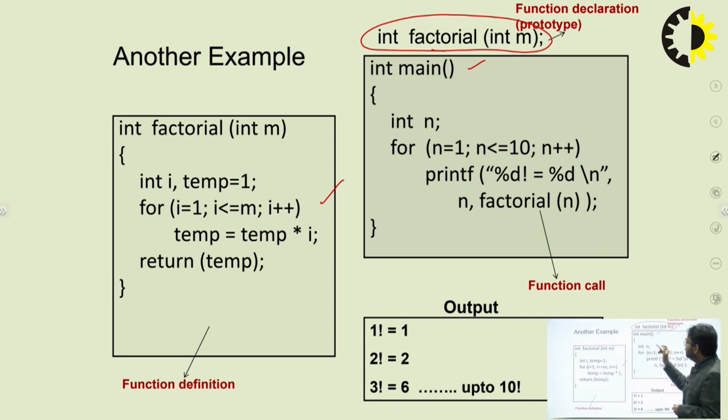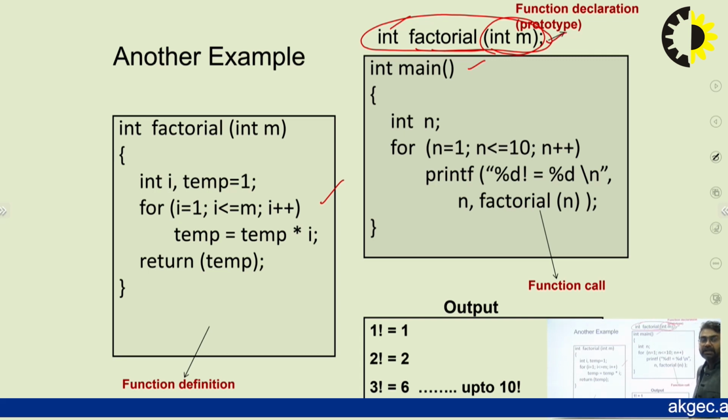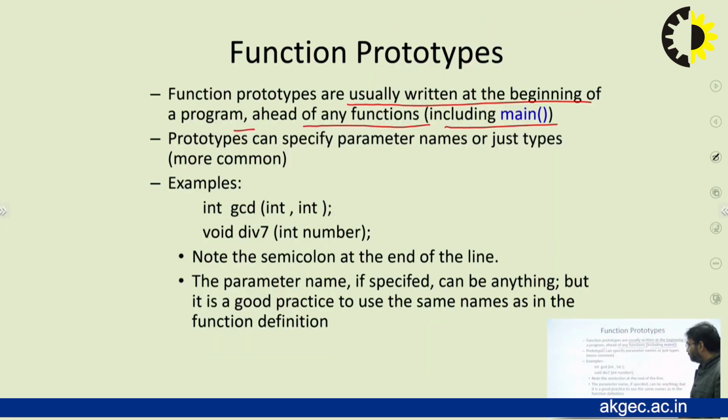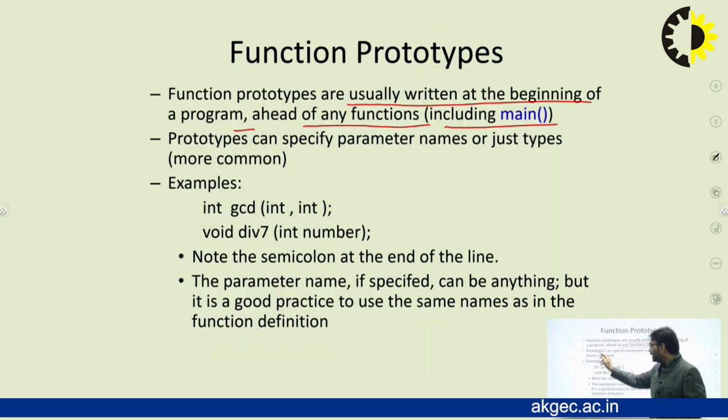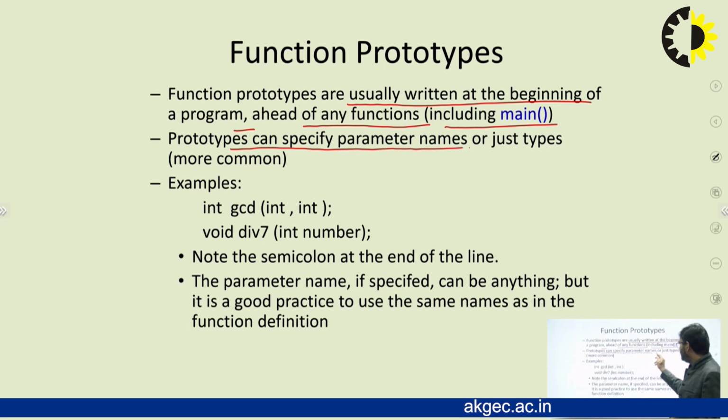Here we have to write the return type of the function. Then we have to write the function name. Then we have to provide the parameter list. After that, it is necessary to put a semicolon at the end of the function prototype. A prototype can specify parameter names or just types.